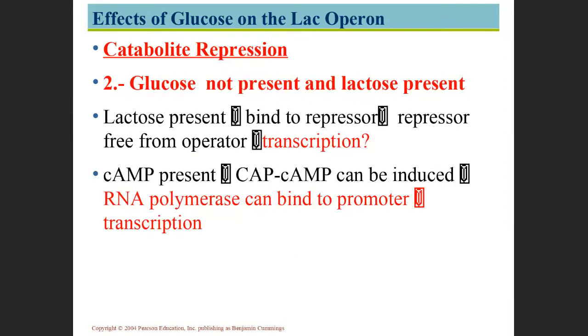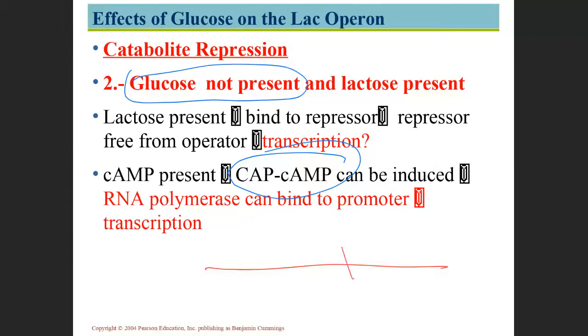Glucose not present and lactose present. Okay, this will be the only scenario in which the lac operon is going to be transcribed. If glucose is not present, now we have the CAP-cAMP available for RNA polymerase to bind. So RNA polymerase can bind.